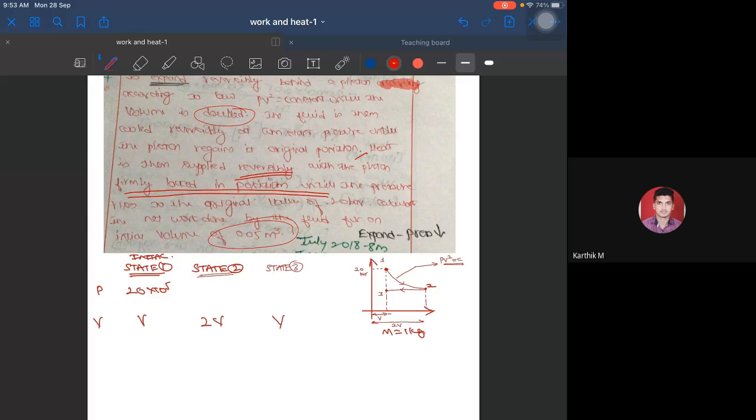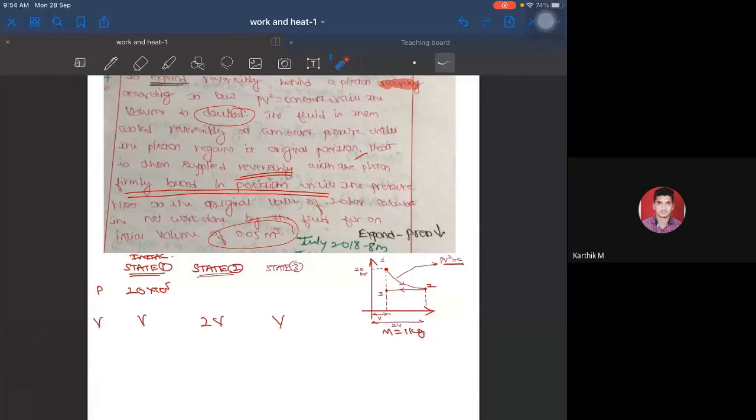If volume does not change, it is which process? Isochoric. So the isochoric process we have understood. That means definitely it is a vertical line which either goes this way or goes this way. Now we have to decide whether it goes upward or downward. Yes, it is a reversible process.